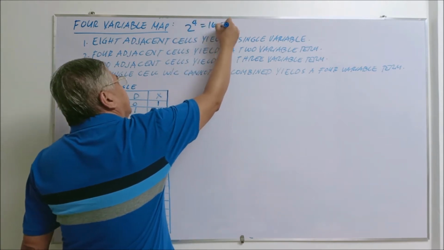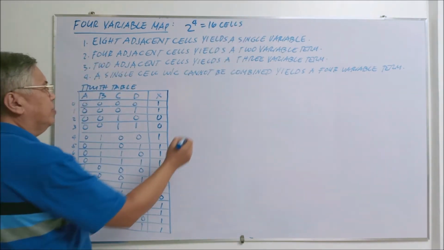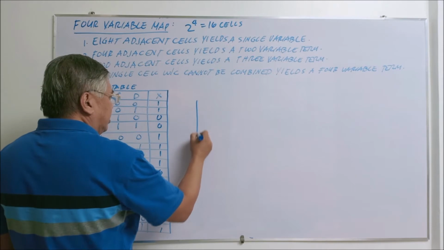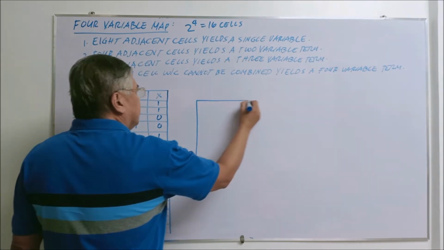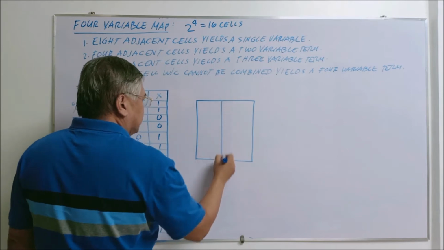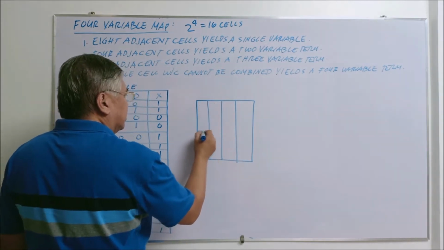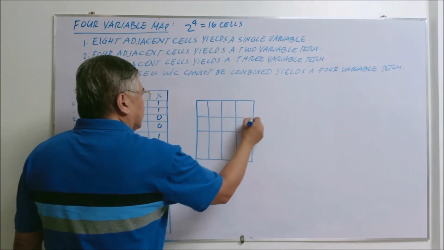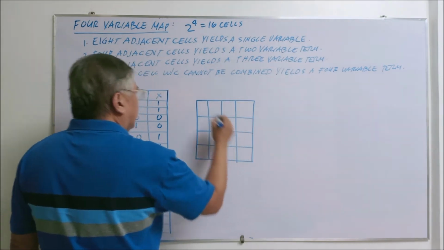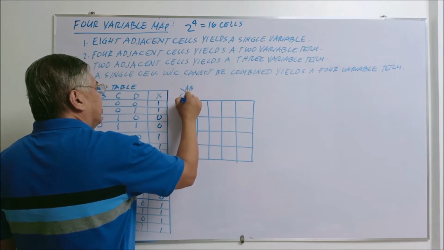So, we need 16 cells. Okay? So, we draw the map. And we need 16 cells. Okay, so that will be our map equivalent.